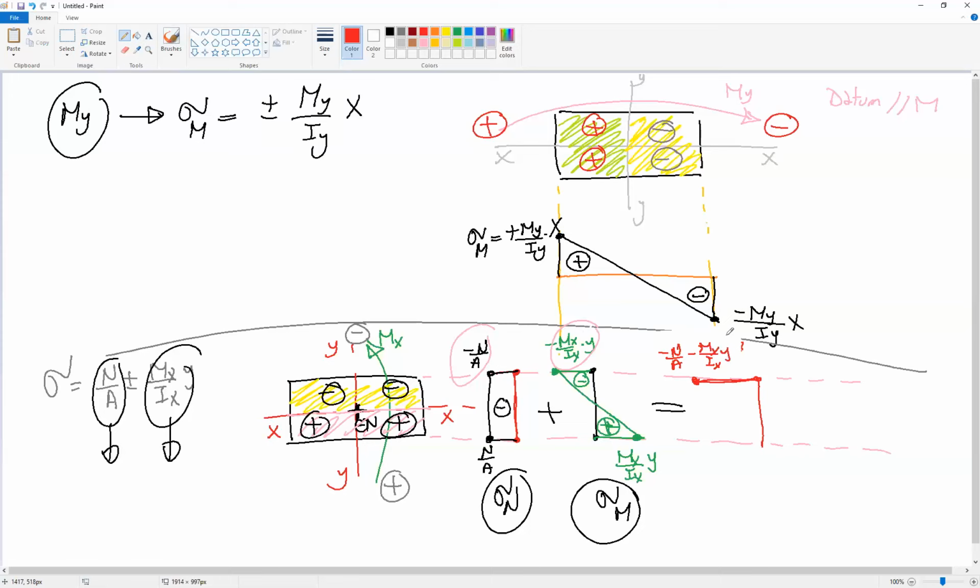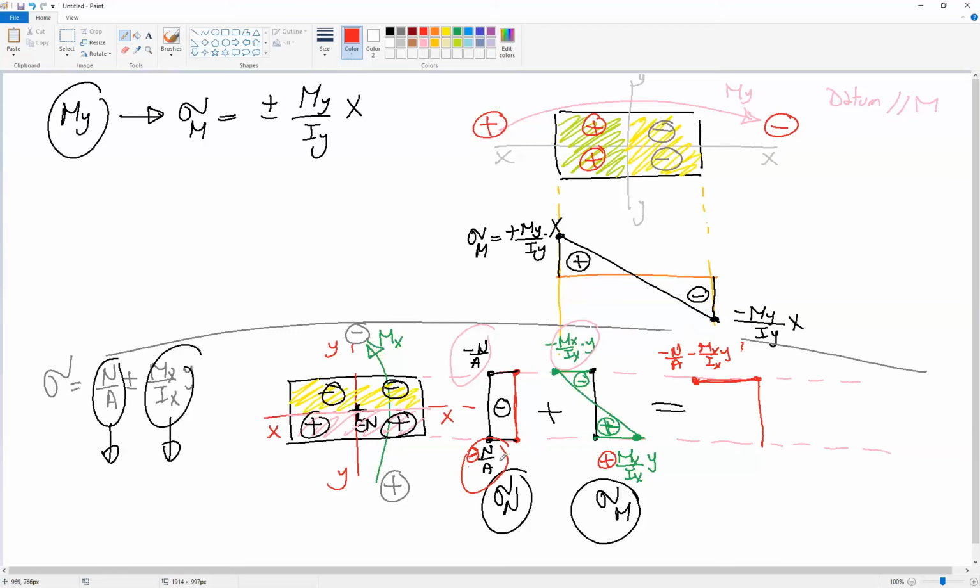But on the other side, we have one value that is negative and one that is positive. If one is greater than the other, we take the sign of the bigger value.